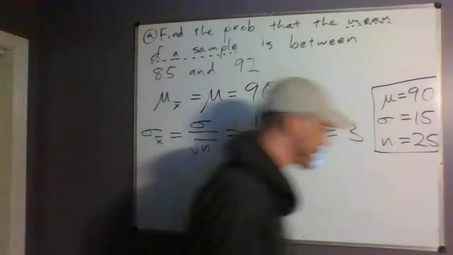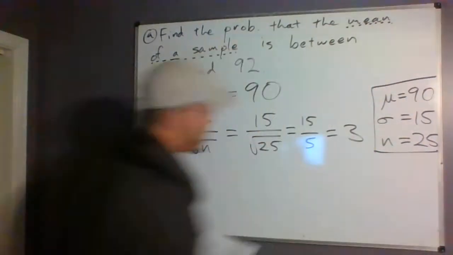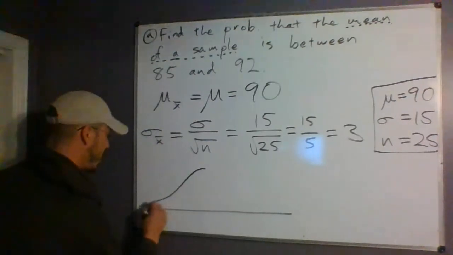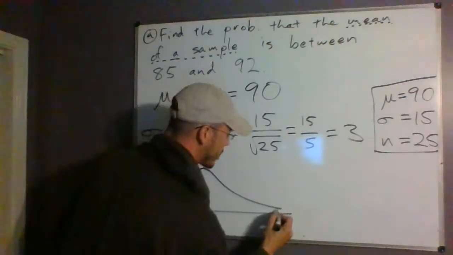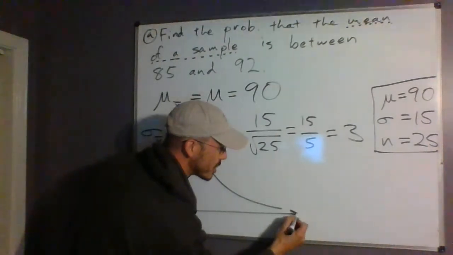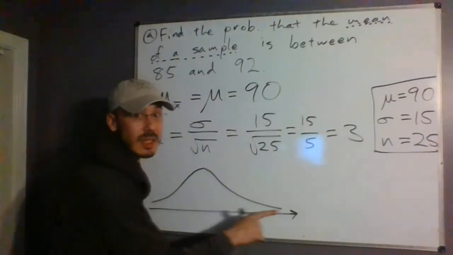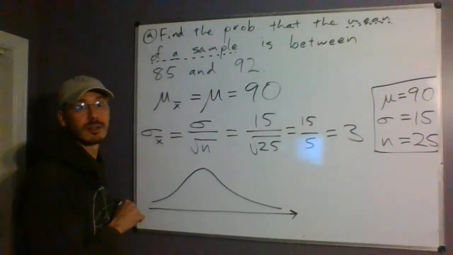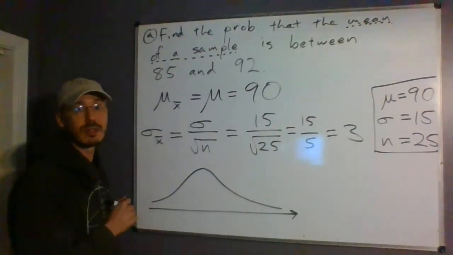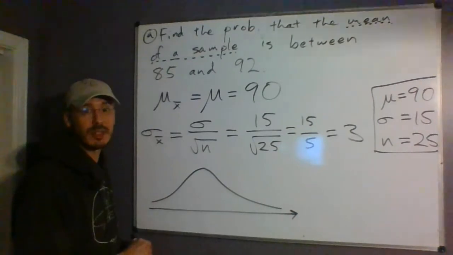All right, next I'm going to draw a picture to guide what I'm trying to do. I think this might be the first sampling picture that we've looked at. So I am going to label this. This is not the x-axis. I don't even know if the original distribution is normal, so this probably isn't a good picture.